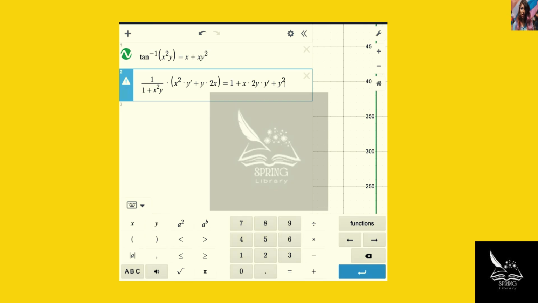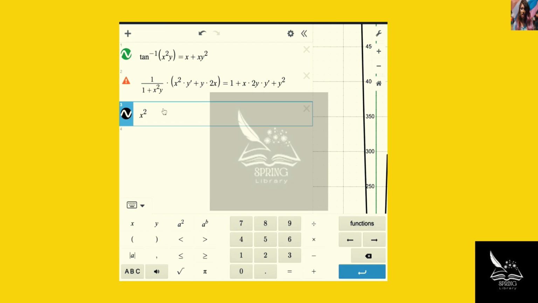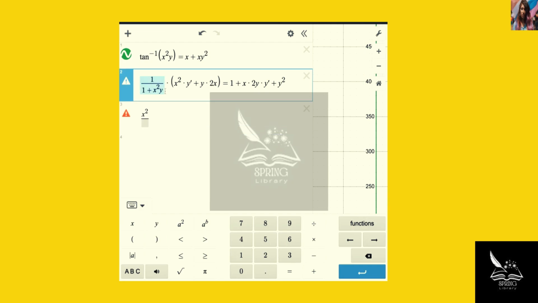We can multiply everything through right here. So what we end up having as a result is going to be x squared over this portion down here.